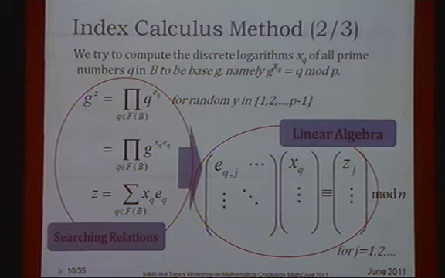Are there some special cases? Yes. In some cases, it is not smooth. If we divide by all the factor base elements, 2, 3, up to 97, and still some larger prime number remains, we throw it away. We don't keep it.